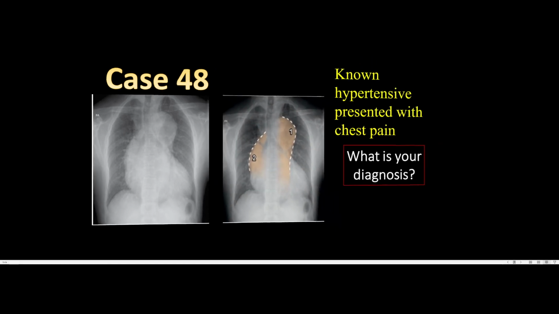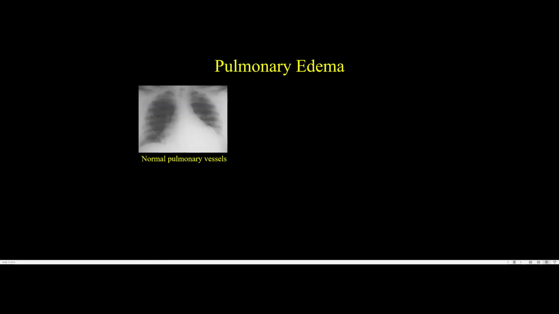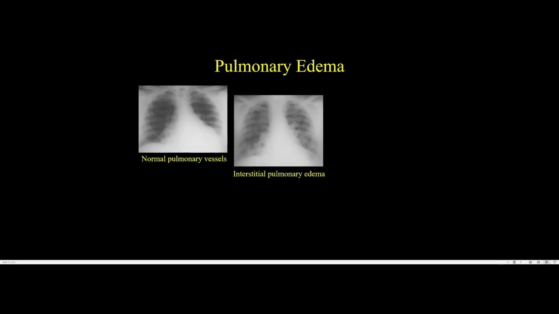All right? And here we are talking about pulmonary edema, what we talked about before. In patients with heart failure, they might have normal pulmonary vessels. Then as there is more fluid going towards the lungs, especially if you have left-sided heart failure, you'll have interstitial pulmonary edema, which presents with white lines.